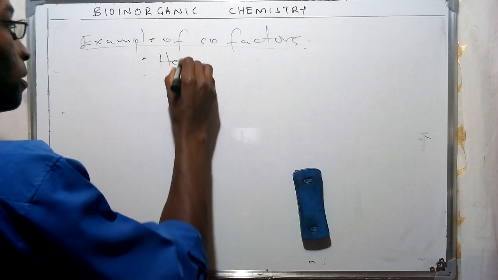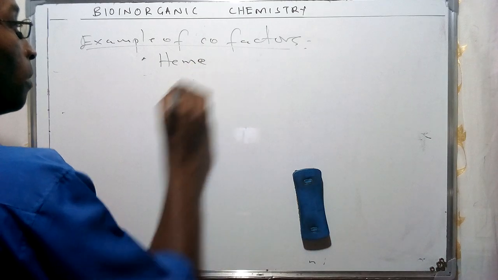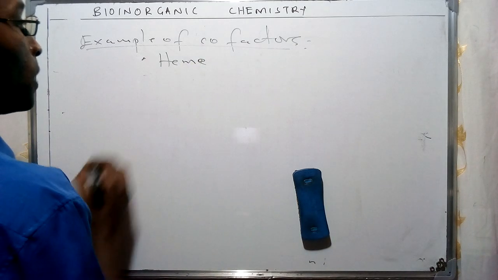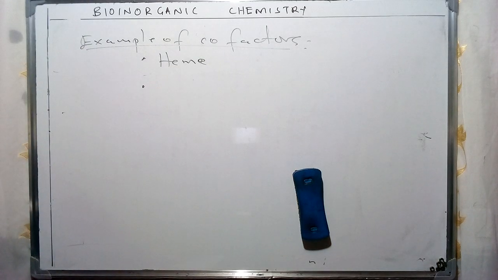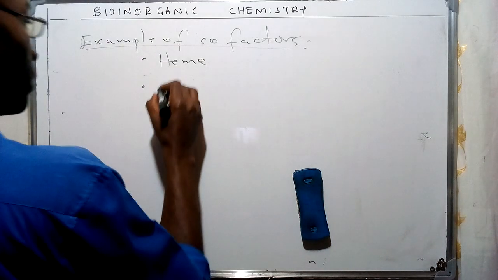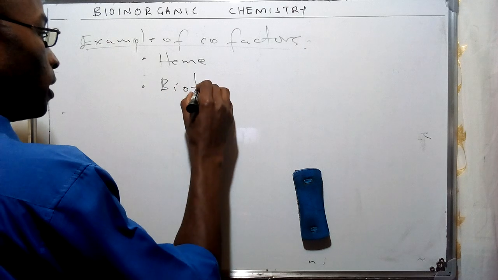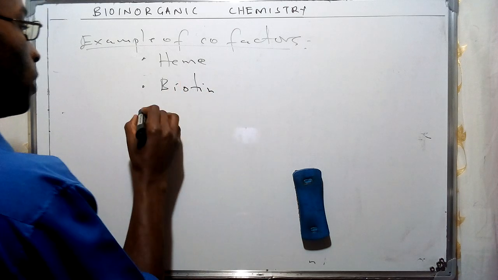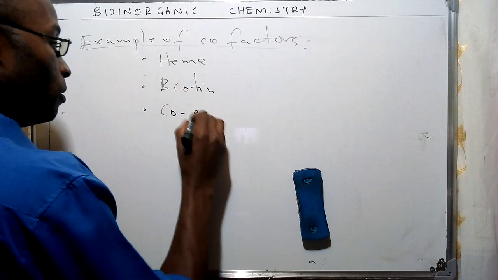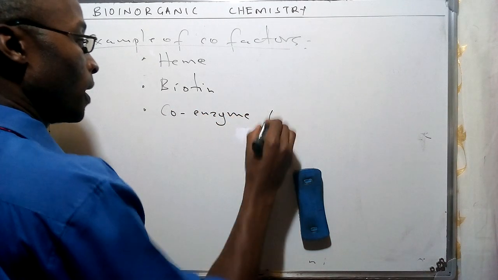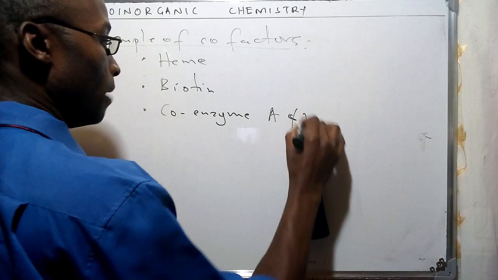I talked about this specific molecule, a protein molecule involved in the transportation of oxygen around the body. And we shall look at another one referred to as biotin, which is also another type of cofactor. Among others, this is going to constitute coenzyme A and B.